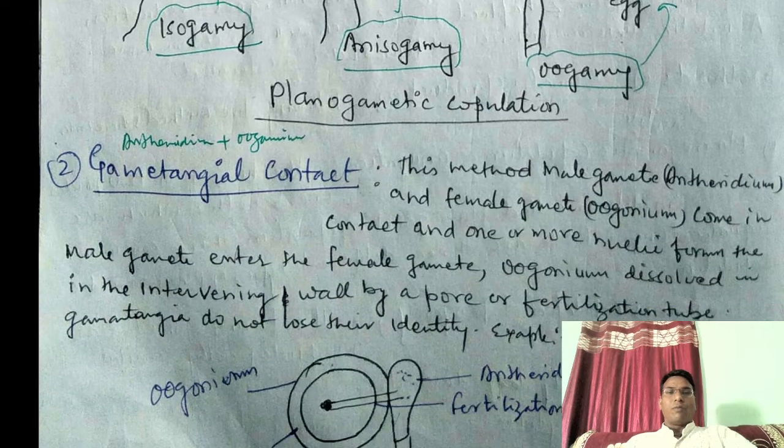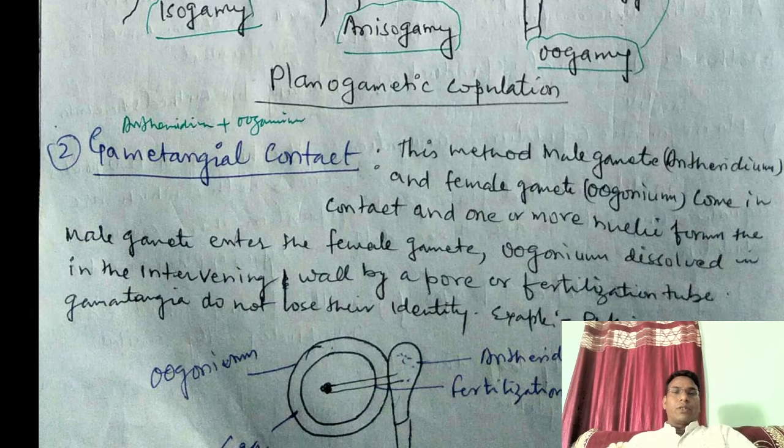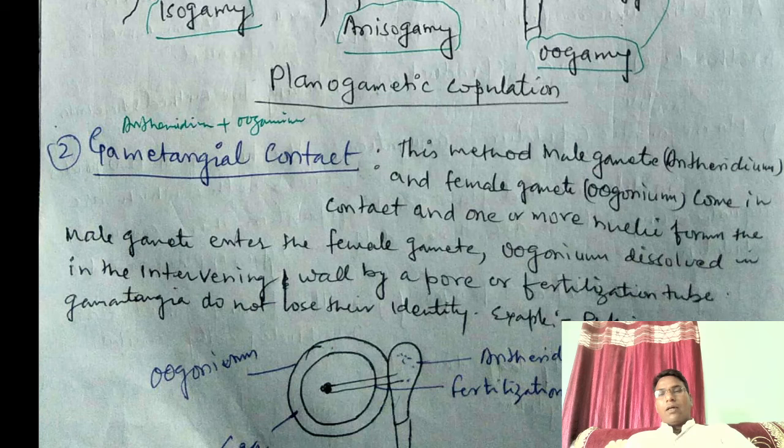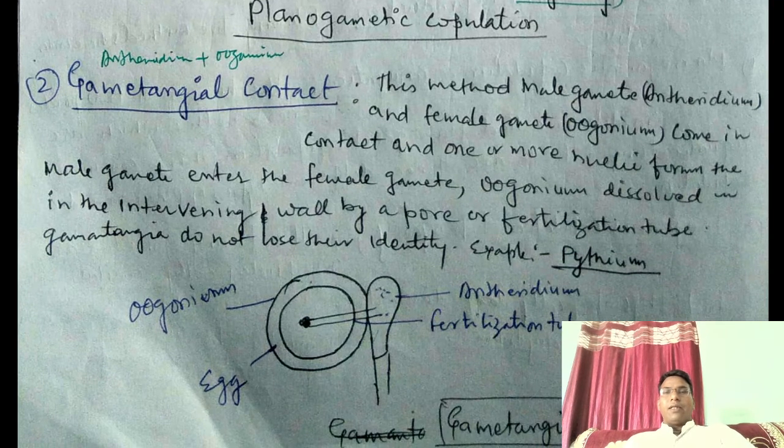The second type of sexual reproduction in fungi is gametangial contact. In this method, the male gametangium, known as the antheridium, and the female gametangium, known as the oogonium, come in contact, and one or more nuclei from the male gametangium enter the female gametangium. The wall dissolves at a pore or fertilization tube.